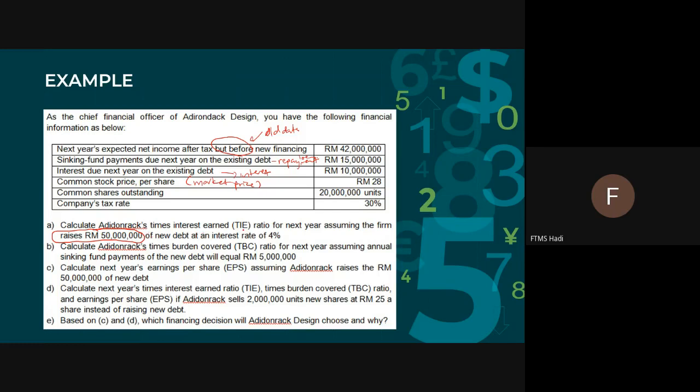So what will happen to the TIE if they decide? Let's say the old loan is 40 million. What happens to the TIE if they add another 50 million? That is the question. And the interest rate of 4% refers to the 50 million, which is the new loan.